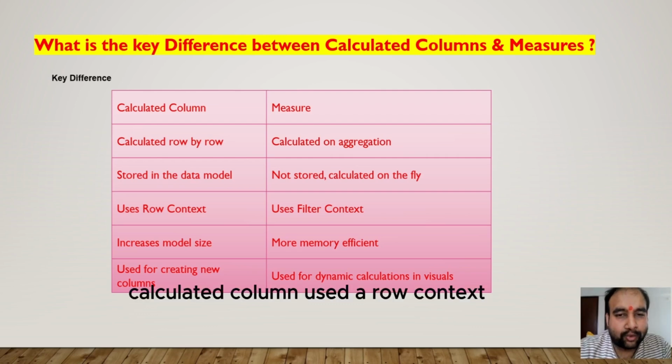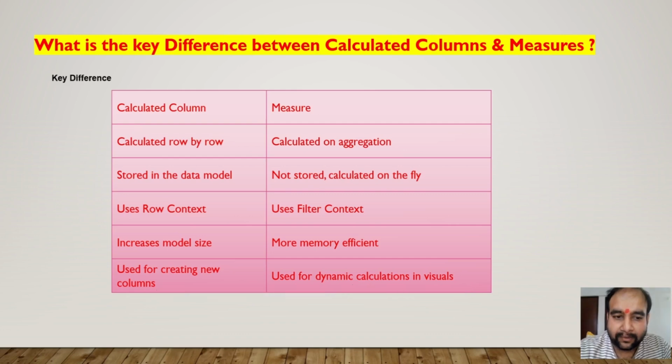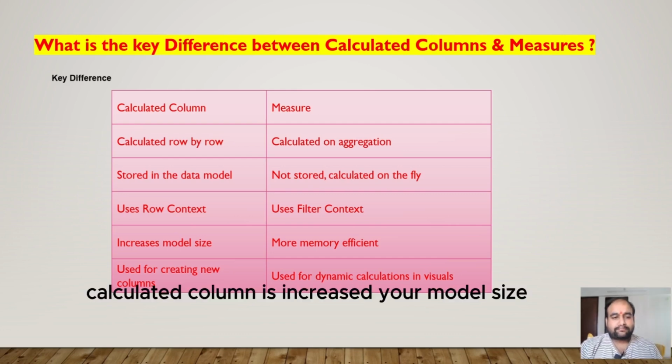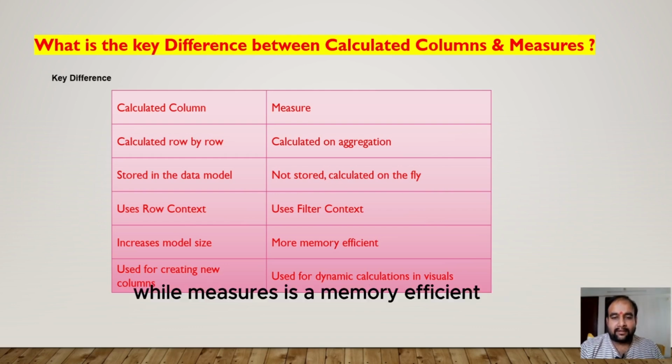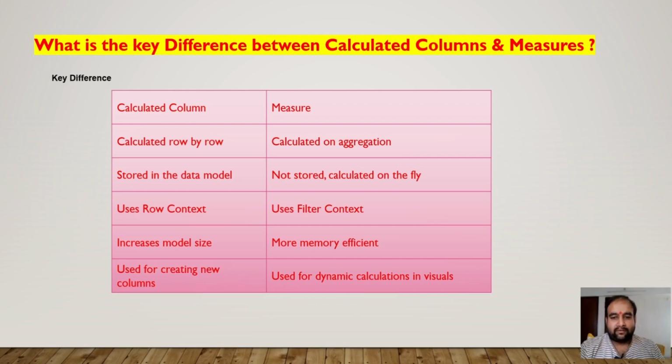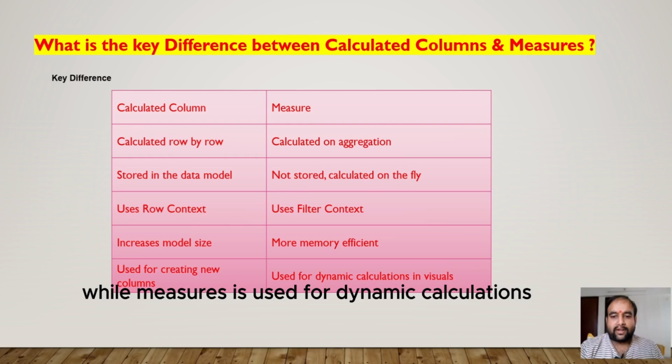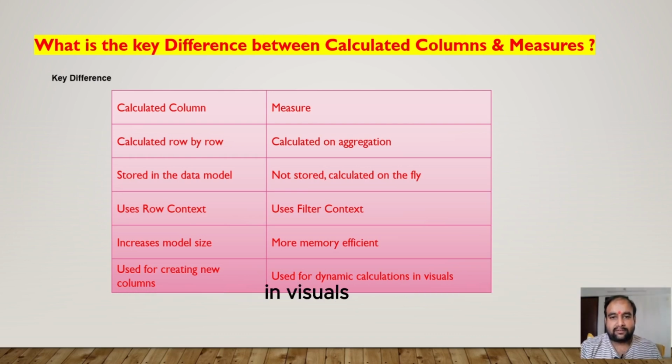Calculated columns use row context, while measures use filter context. Calculated columns increase your model size, while measures are memory efficient. A calculated column creates a new column, while measures are used for dynamic calculations in visuals.